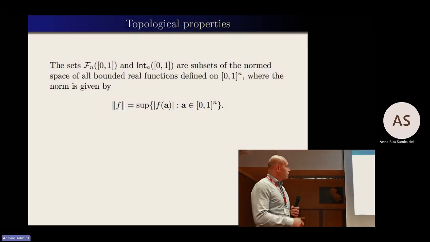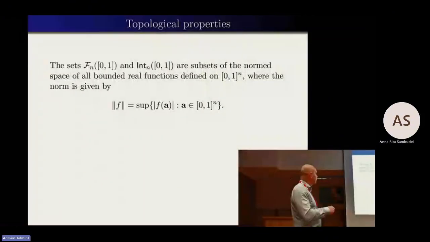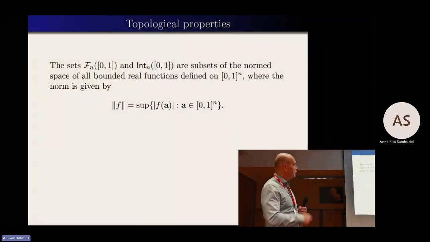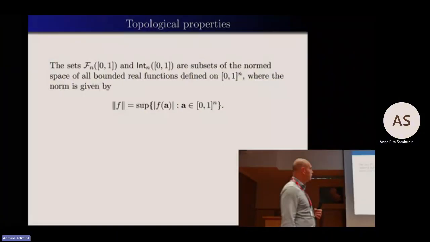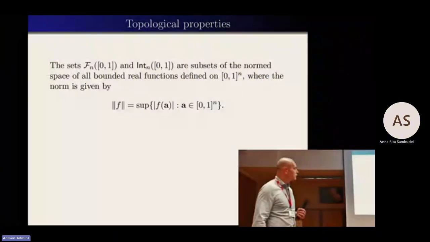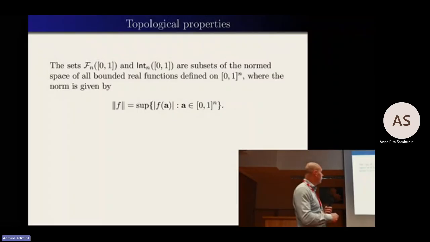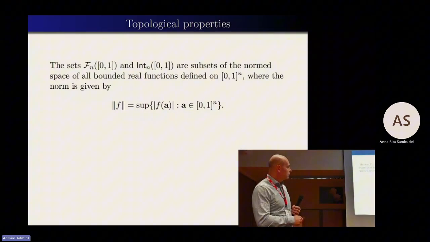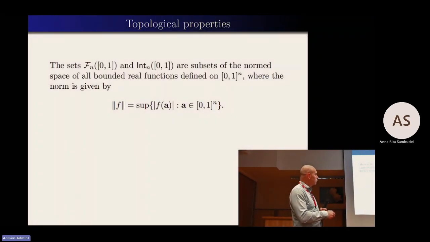So we shift to the topological properties. If we consider the set of all functions defined on the cube and intermediate functions defined on the cube, these are naturally subsets of the normed space of all bounded real functions defined on the set [0,1]^n. So this norm, as you know, is given as the supremum of all function values where a is from the given domain.